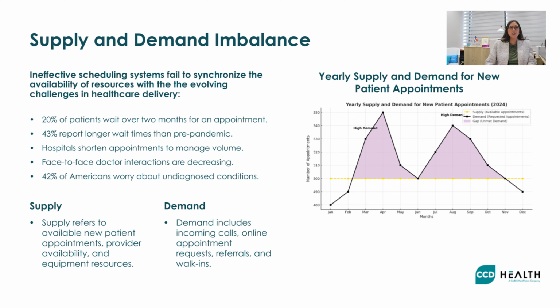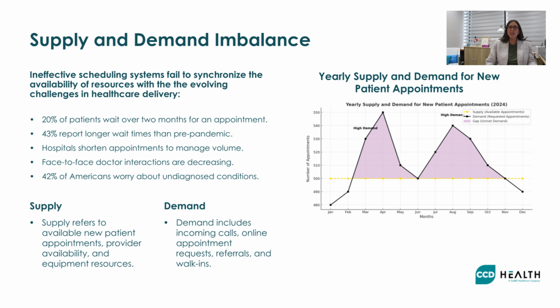A demand fluctuation example could be time frame patterns. If we look at this graph between March and April, around that season, we can have a variable such as post-winter checkups that are coming in. There could be a flu influx.